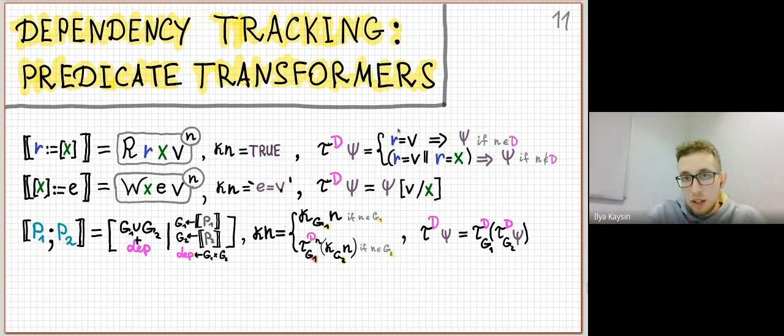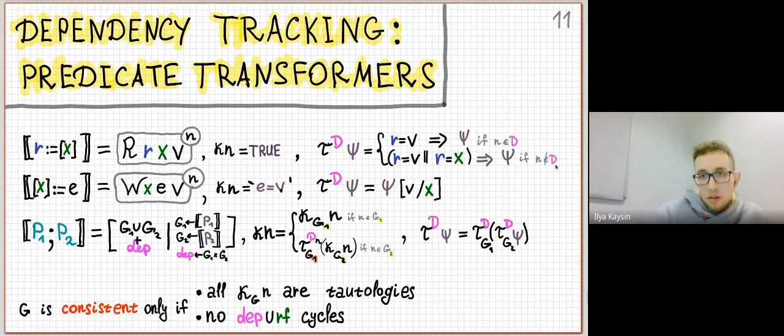Instead of adding R equals V, we add some weaker premise that R equals V or R equals X. This R equals X may not be intuitive. In fact, we need it for another compiler optimization. But the point is that the premise is weaker here than here, because here we don't want this transformer to be strong, since we don't have the dependency.